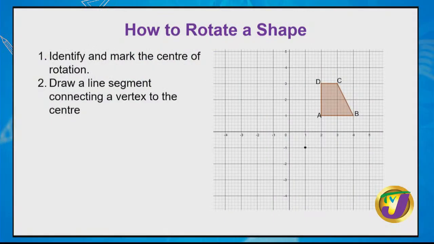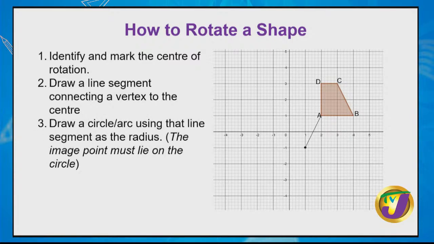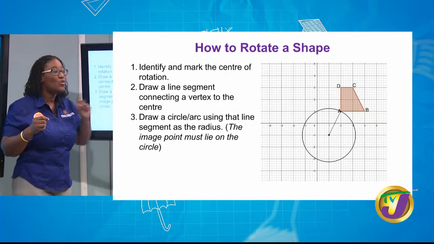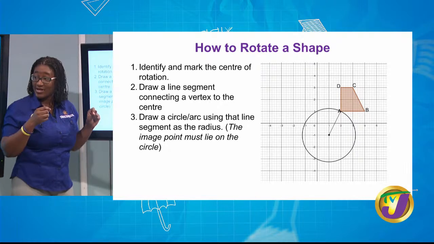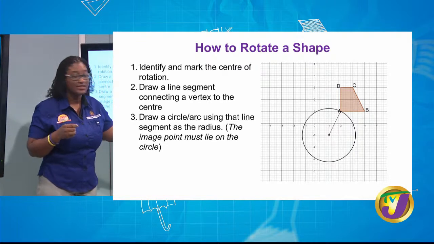Now, remember we talked about the fact that it's a circular turn that we're making? So we're going to draw a circle or an arc, but we're going to go with the circle in our case, using the line segment on screen as the radius. So we now know that A prime is supposed to lie somewhere on the circumference of this circle.